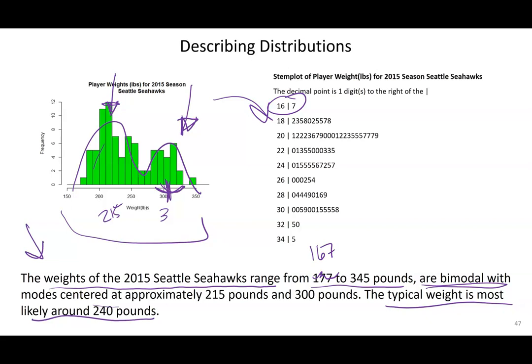Offensive players are very different from defensive players. So that is likely contributing. You might want to look at those players separately. A lot of the times that you get multiple modes, so bimodal, trimodal, and so on, it's because there's some sort of grouping that you missed.